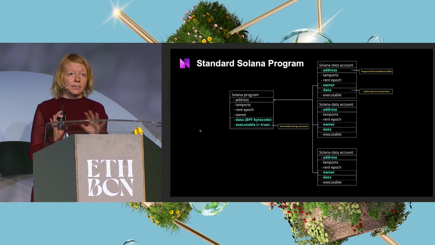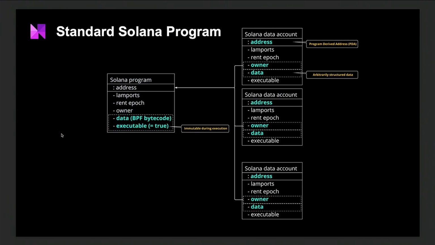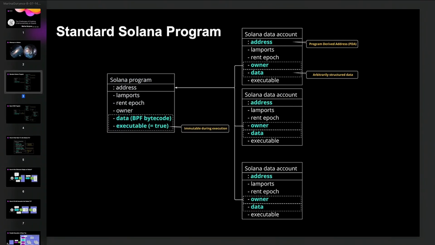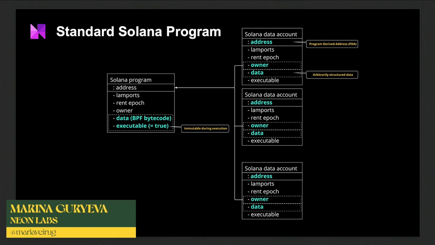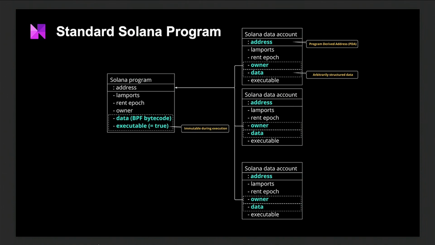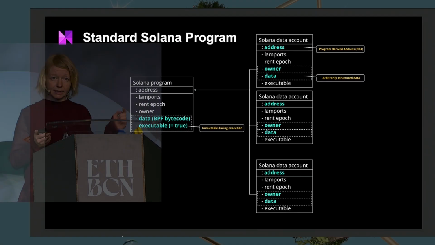Basically, this is the standard Solana program, and you can compare the Solana ecosystem with an operating system. You have programs within it, and you have data accounts. Like on your computer, you have, for example, an Adobe application, and then you have files, PDF files. With Solana, you have similar things.